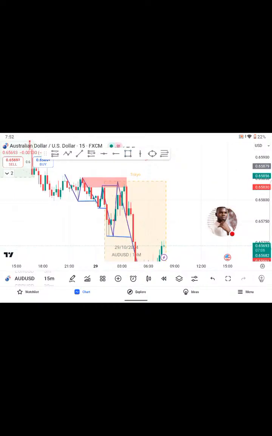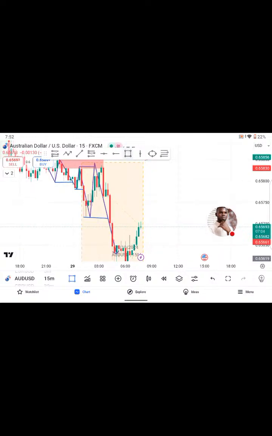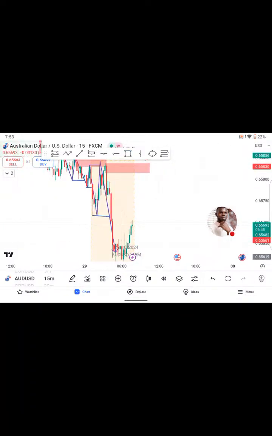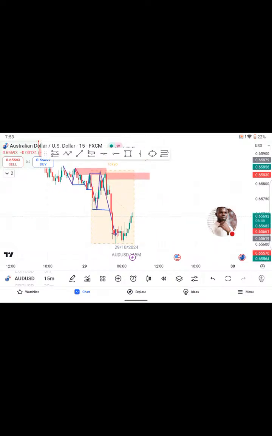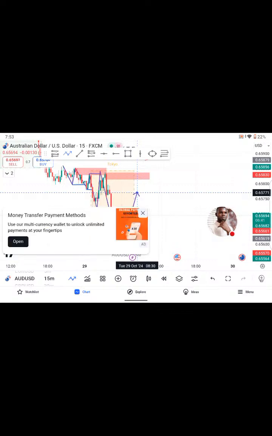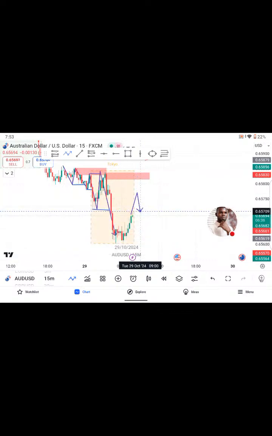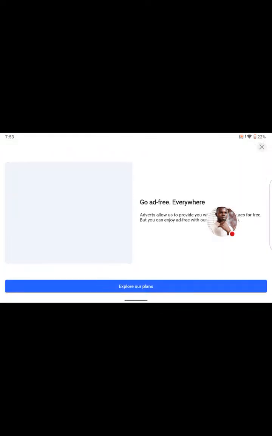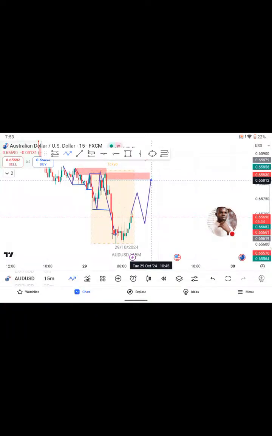So I'm left with inducement. So I'm looking at this POI here, looking at this level. So if I can get something like this, something like this, engineered liquidity, then I'll be selling.